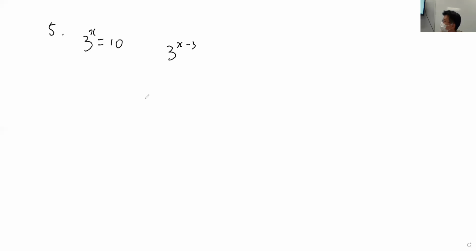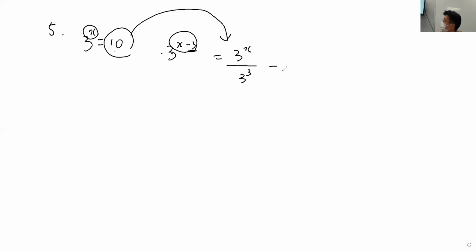So simply put, if you think about this one, minus 3 in the exponent means division. So the meaning of this one is 3 to the x divided by 3 to the third power. Then you plug this one into here. That means 10 over 27. So C.